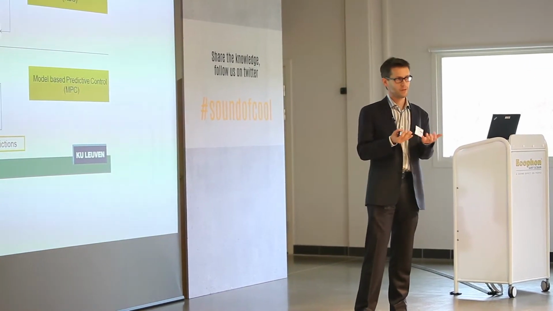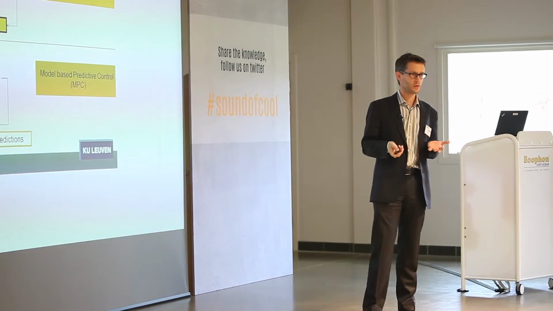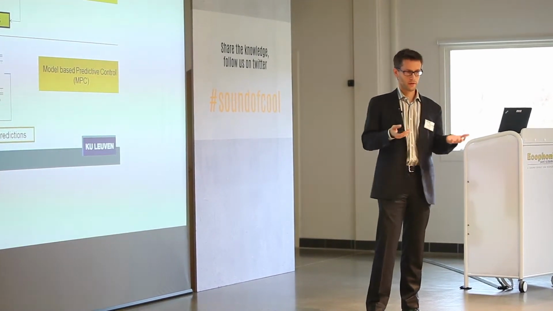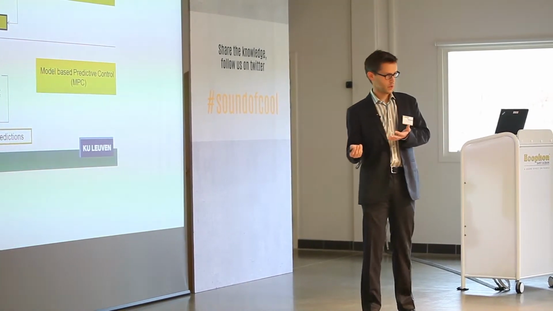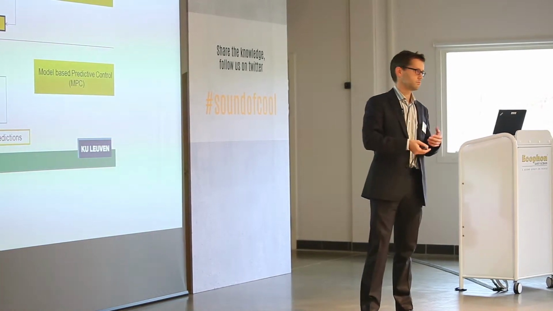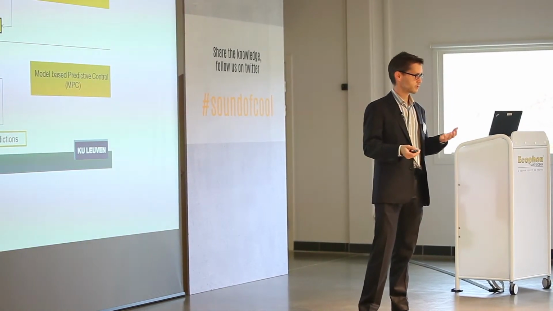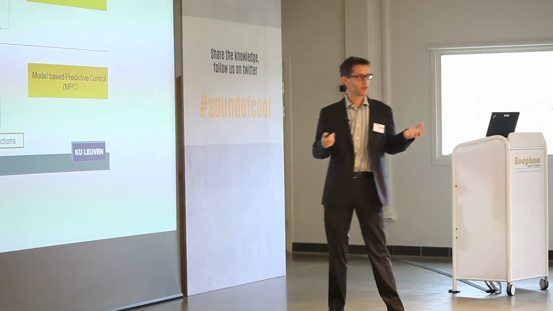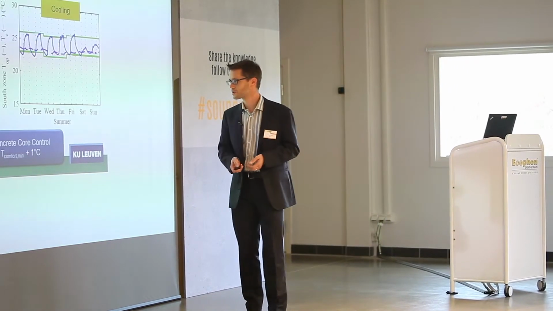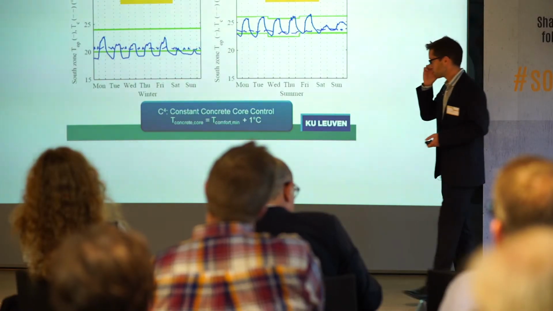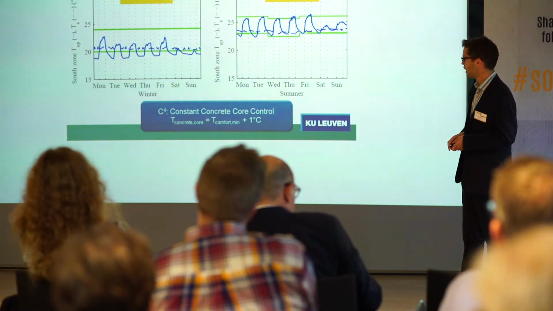That's of course a little bit a difficult thing, because you have to define a balance between, okay, what is 1 kilowatt hour costing and what is 1 degree overheating costing. So that's a choice you have to make as a designer of the system to put into the controller.